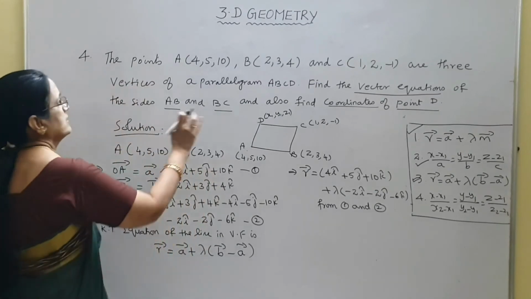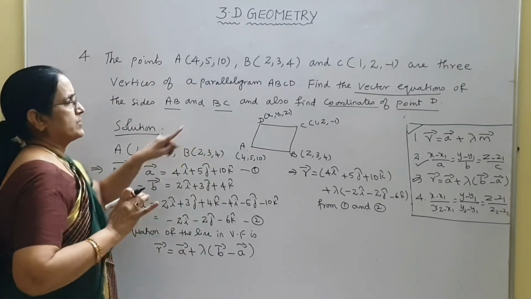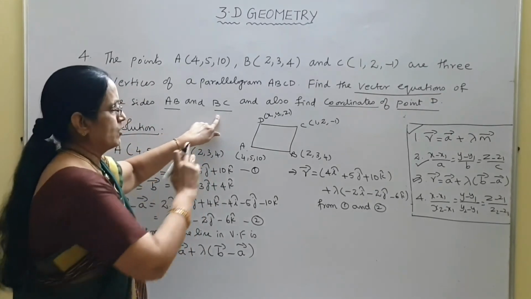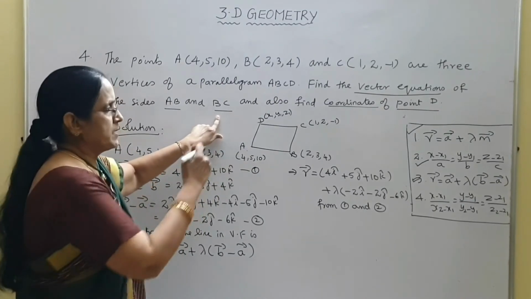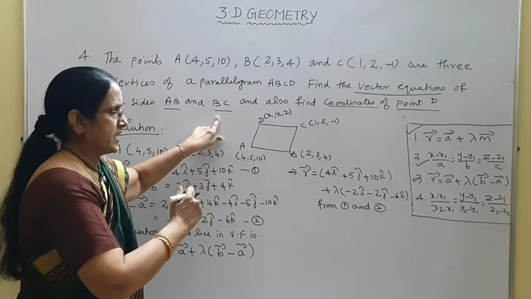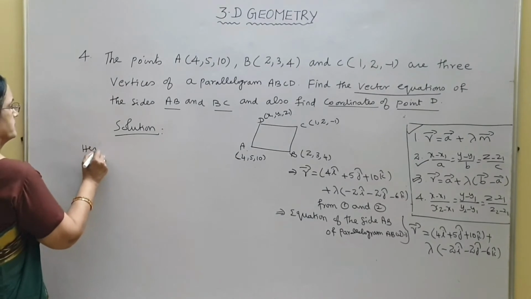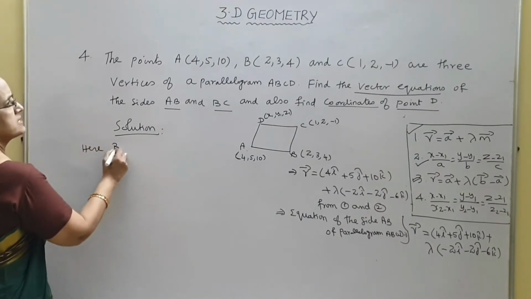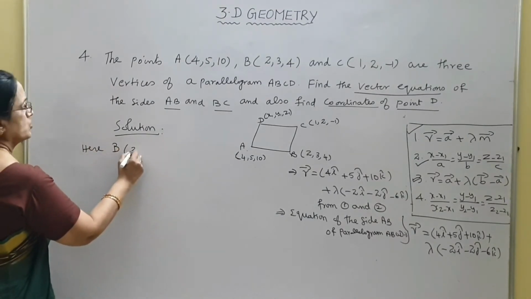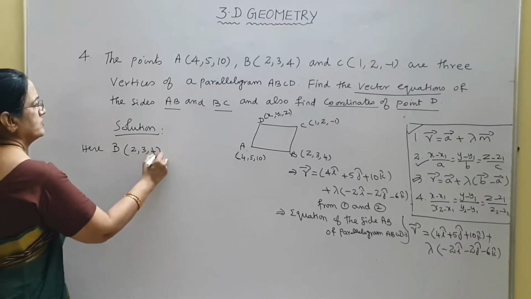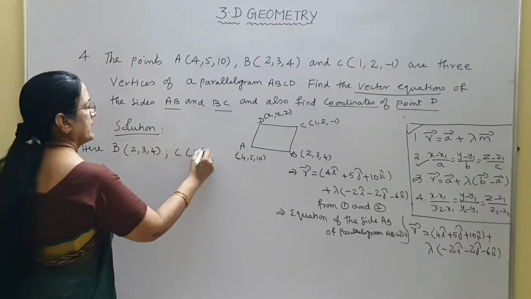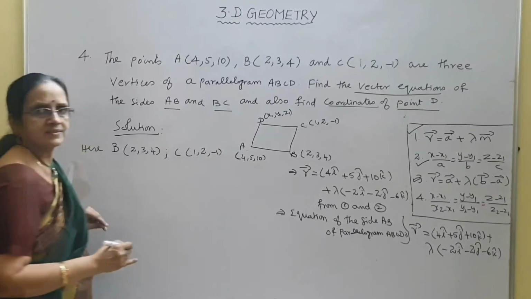What's the next question? You need to find out the equation of the side BC of parallelogram ABCD. So the same process we need to repeat again. Here the point B is (2, 3, 4) and C is (1, 2, -1).